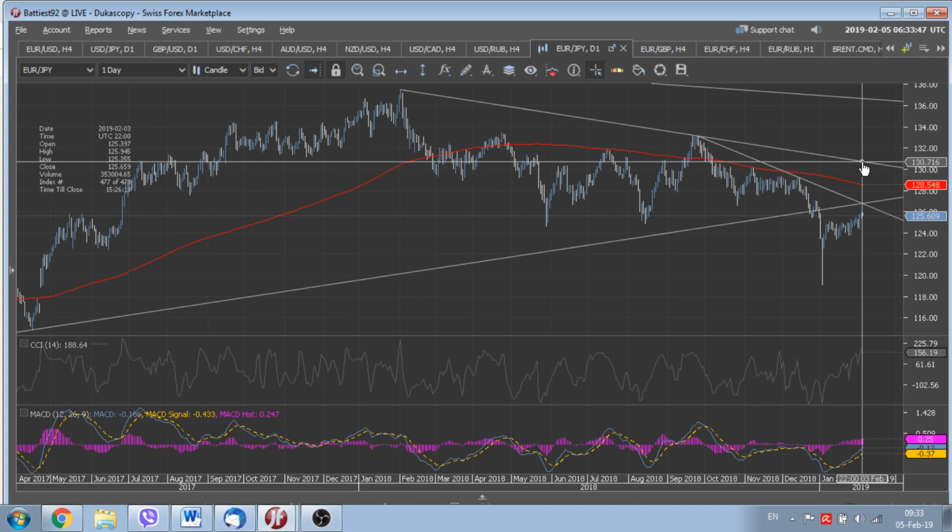So there are a lot of barriers to the upside now for the euro yen, and at the moment it's really very hard to say that the pair will further move to the north.